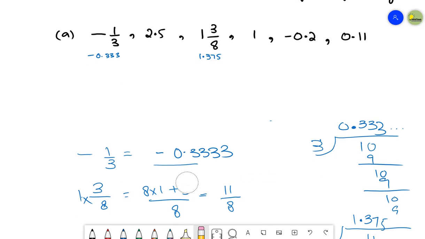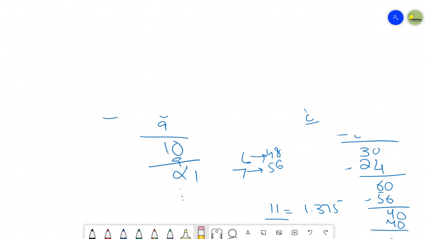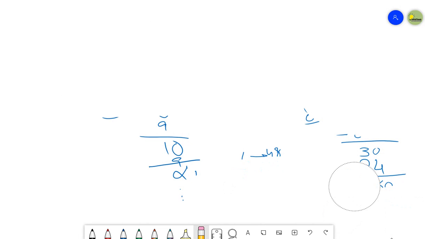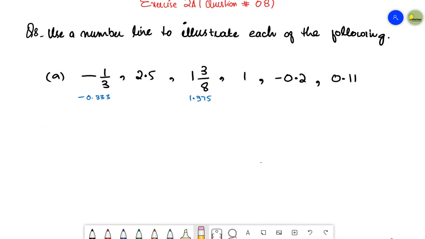We must find out the decimal values of the fractions in order to plot them clearly on the number line. Okay, the next thing is that you must have your largest value and the smallest value so that you can easily find out how much length the number line should be drawn for.